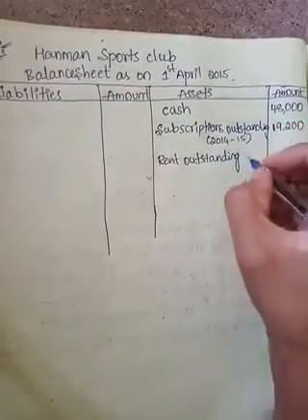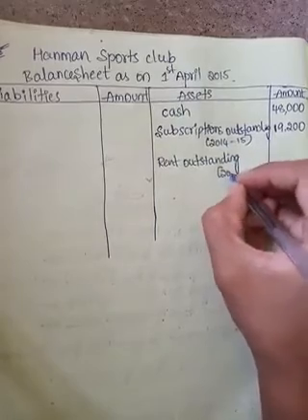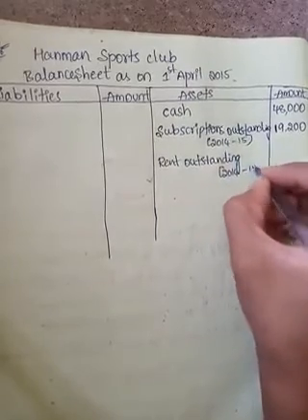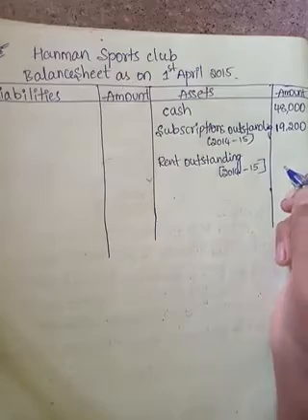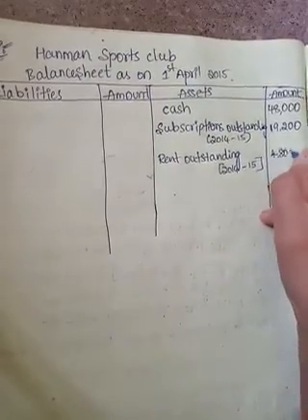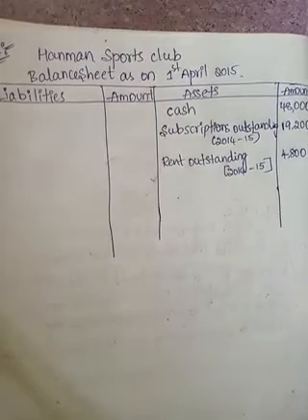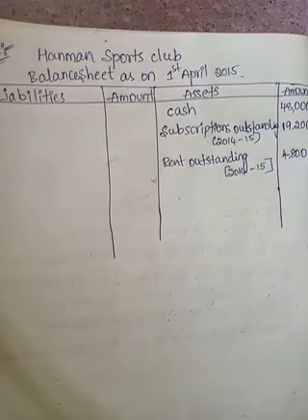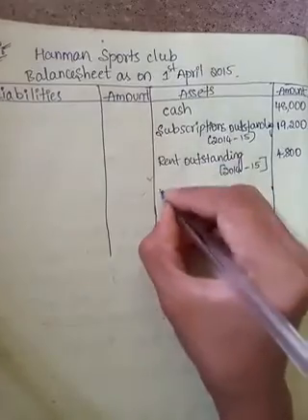Rent outstanding is 2014 to 15. This rent outstanding is 4,800. Next, buildings.